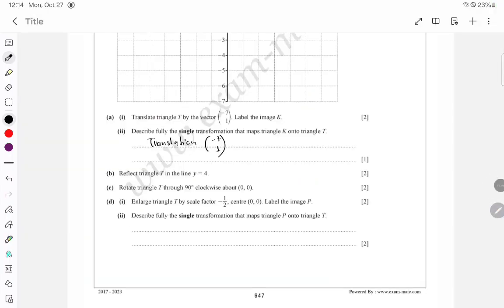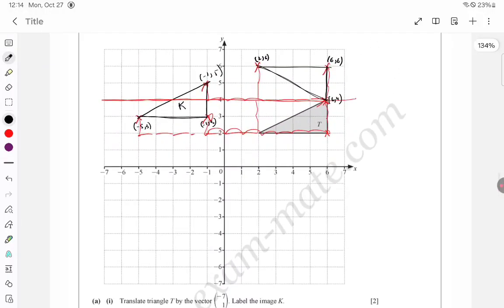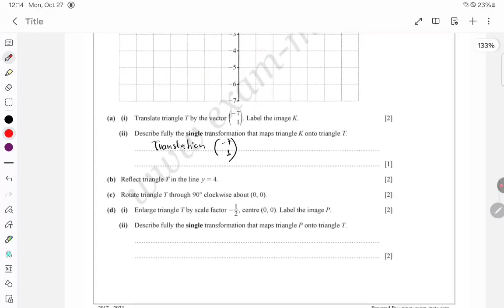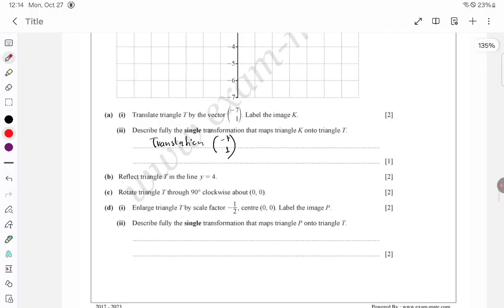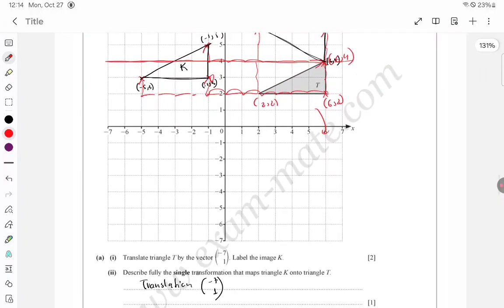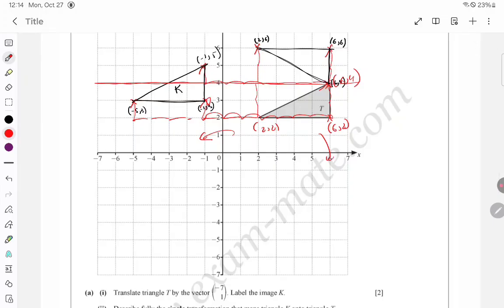Since we are rotating triangle T by 90 degrees, first mark the point coordinates, which are 2, 2, 6, 2 and 6, 4. In the clockwise direction, if it were anti-clockwise, it would be in the second quadrant. In clockwise it will be in the fourth quadrant.